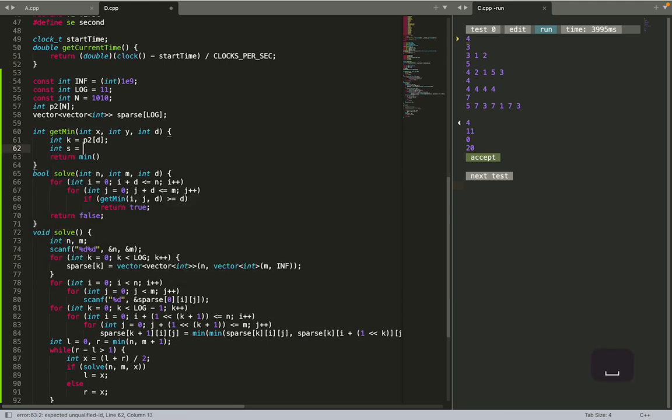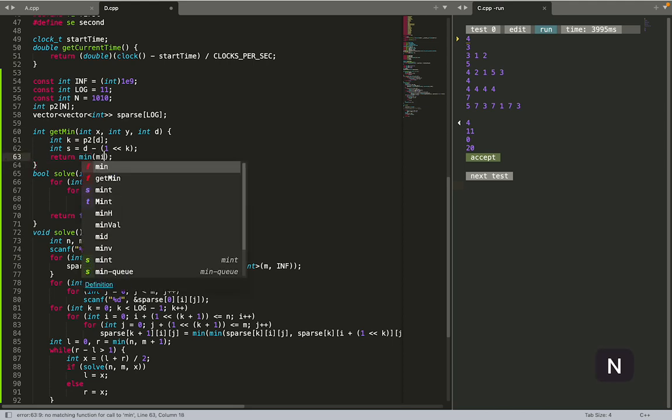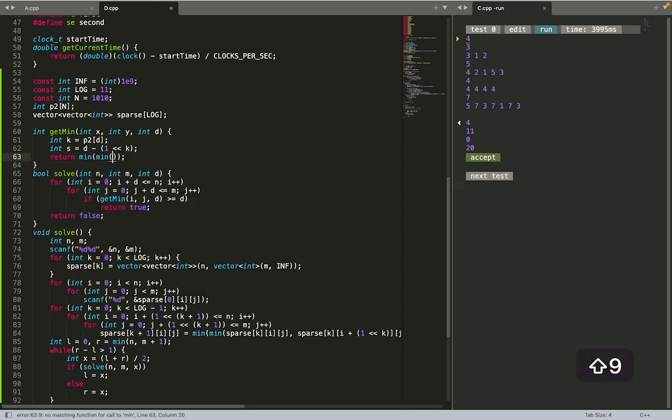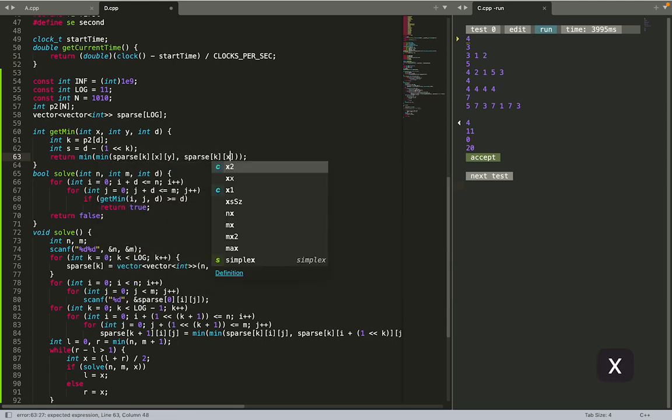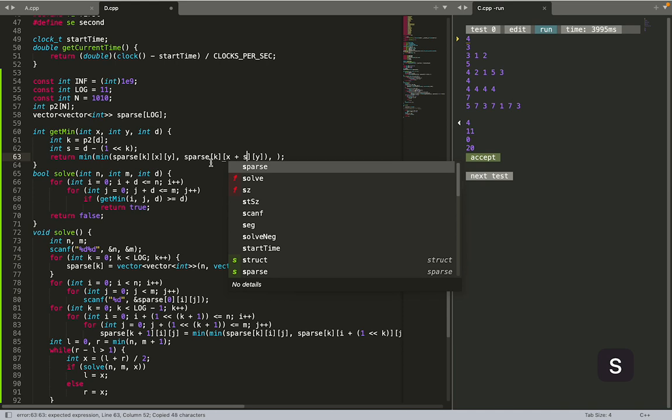So the shift will be d minus 2 to the power of k. Sparse k x y, sparse k x plus 2 to the power of k y, and oh no, it's plus shift. Yeah, that makes sense.